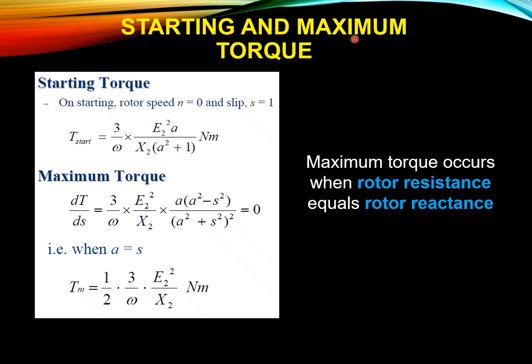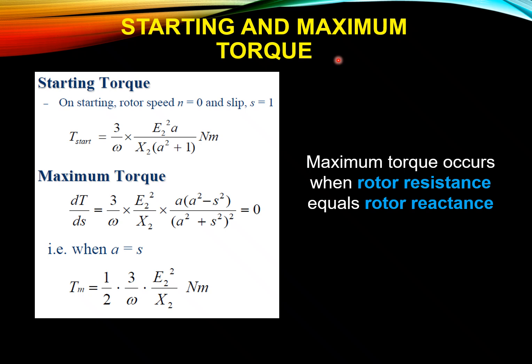Also, the starting and maximum torque can be calculated, because torque can be of three types. One is the starting torque. Previously we have seen starting torque is very important. So we have a starting torque, a maximum torque, and also a nominal torque.